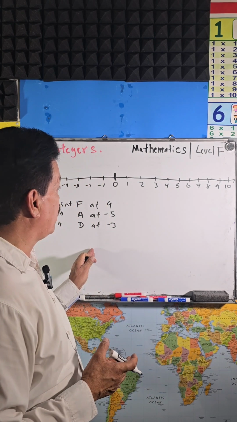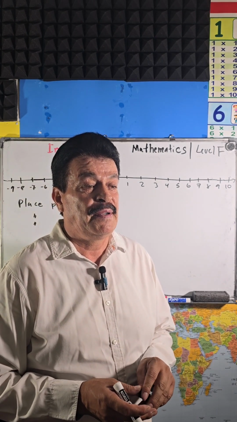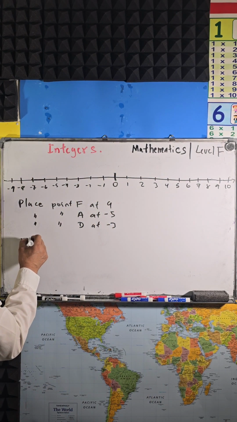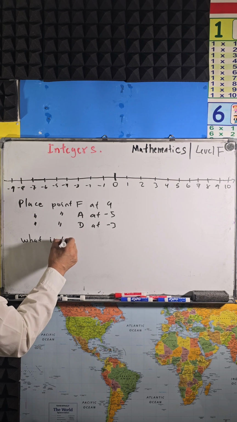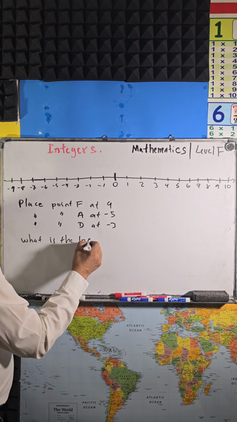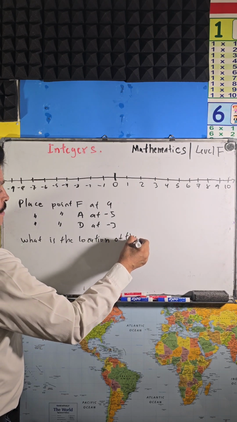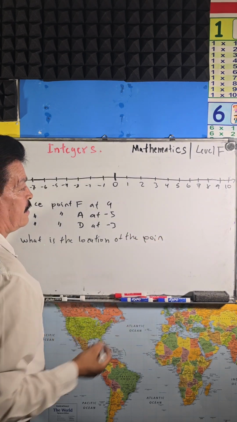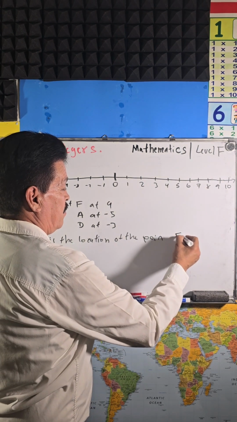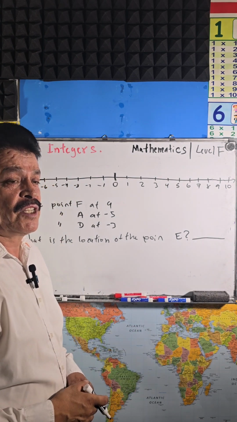All right, and then also let me write another exercise to show you how to work on the number line. So, what is the location? One question. What is the location of the point? Let me write point E. Point E. Okay.